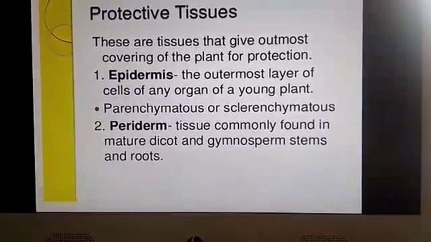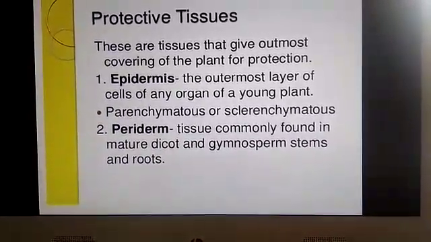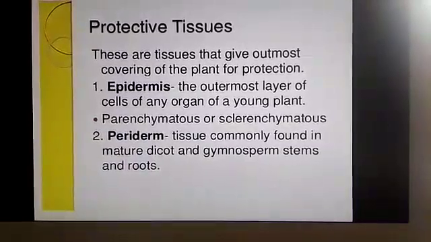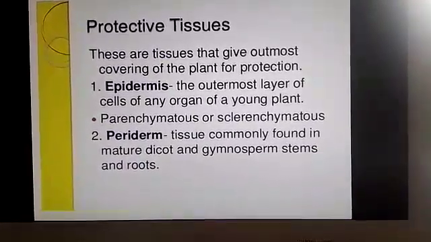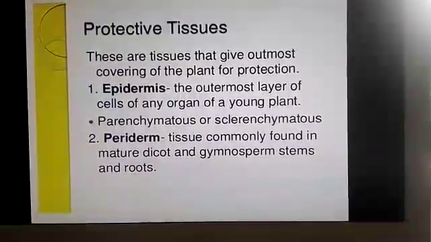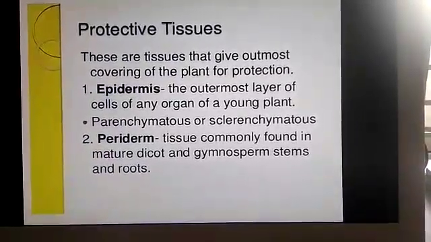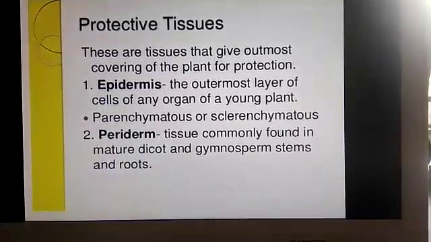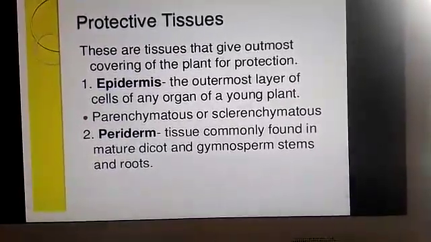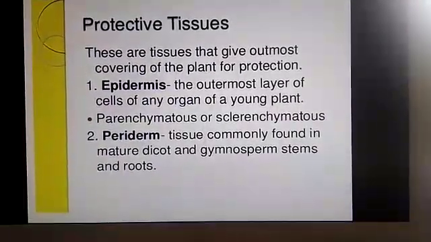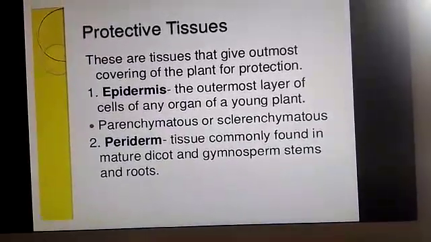That is parenchymatous or sclerenchymatous. Next, periderm tissue. This periderm tissue is commonly found in mature dicot or gymnosperm stems and roots. You know, angiosperms and gymnosperms, that is flowering and non-flowering plants.